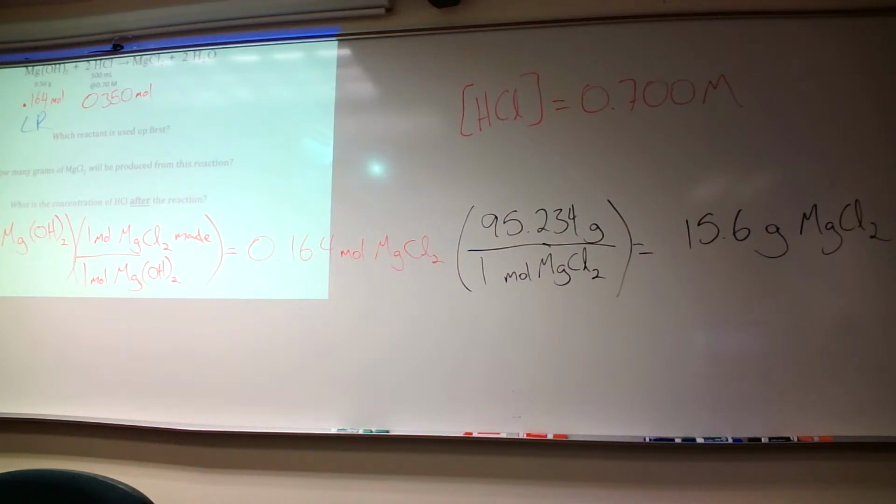So if we want to know the final concentration of HCl, we need to know moles of HCl. Lowercase n is the variable for moles. And the final volume.